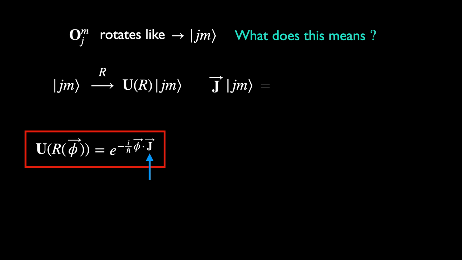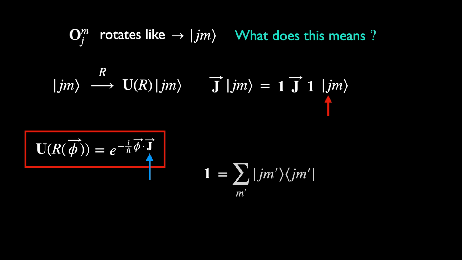Let's express this transformation in the basis of angular momentum states by inserting some identity operators. Since the action of the angular momentum operator J could never bring a state |J m> out of a J multiplet, we can effectively ignore all the basis elements that belong to the other multiplets and just keep the J multiplet.